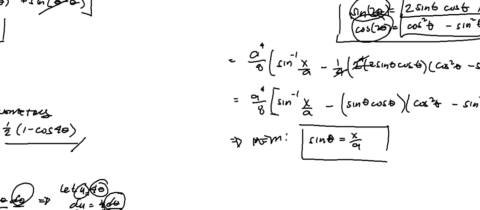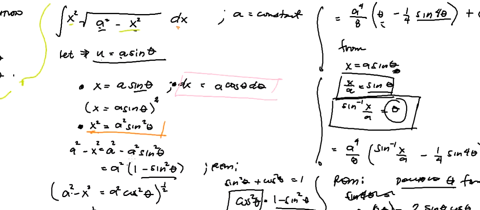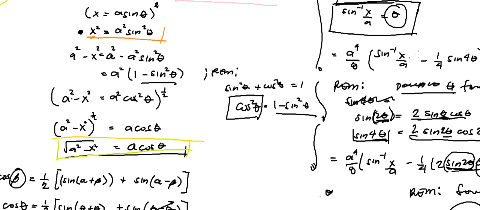Where can we get our cosine theta? Maybe we can get it here. So cosine theta is equal to, dividing both sides by a, the square root of a squared minus x squared all over a.